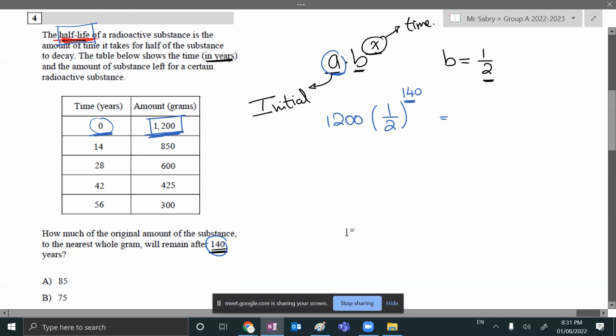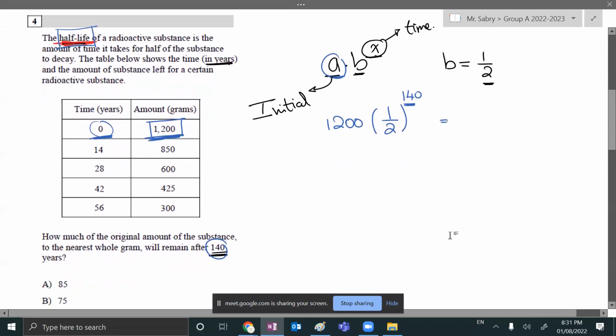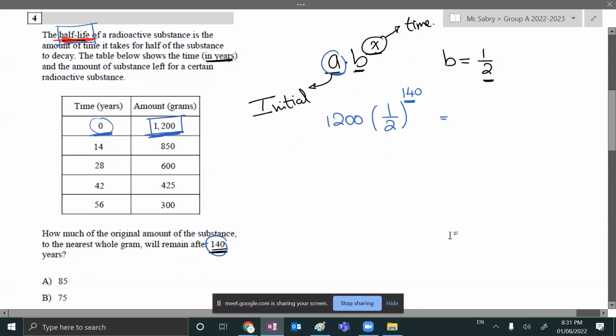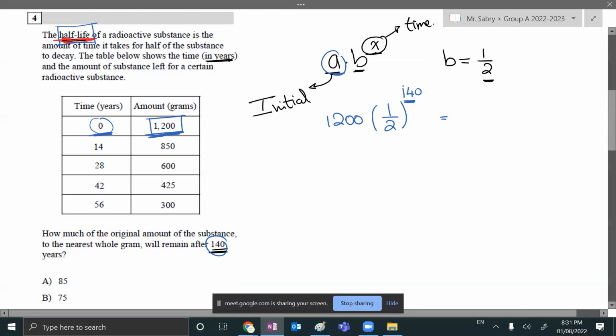Oops, no, that is not true. That is not true. This is weird. We need to subtract it from the original. No, because this is the decay amount. It shouldn't be, because it's to the nearest whole gram.